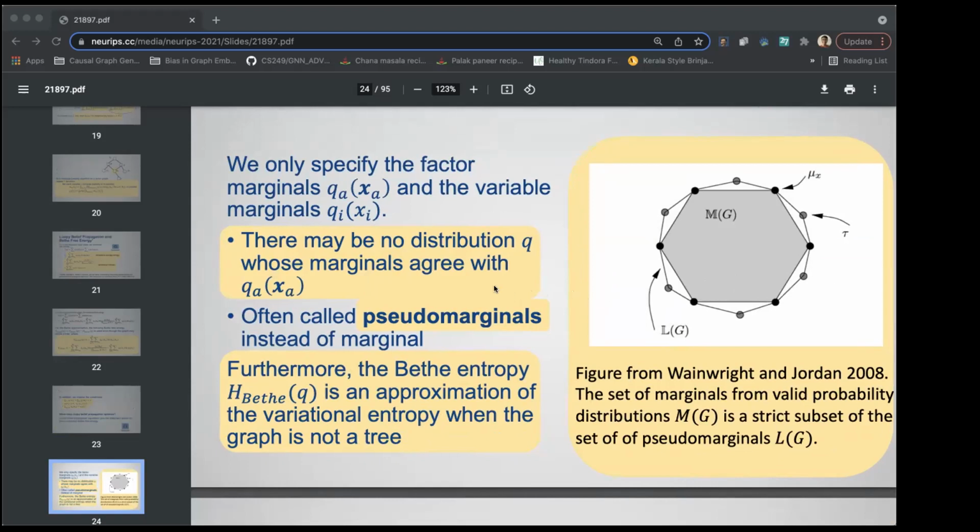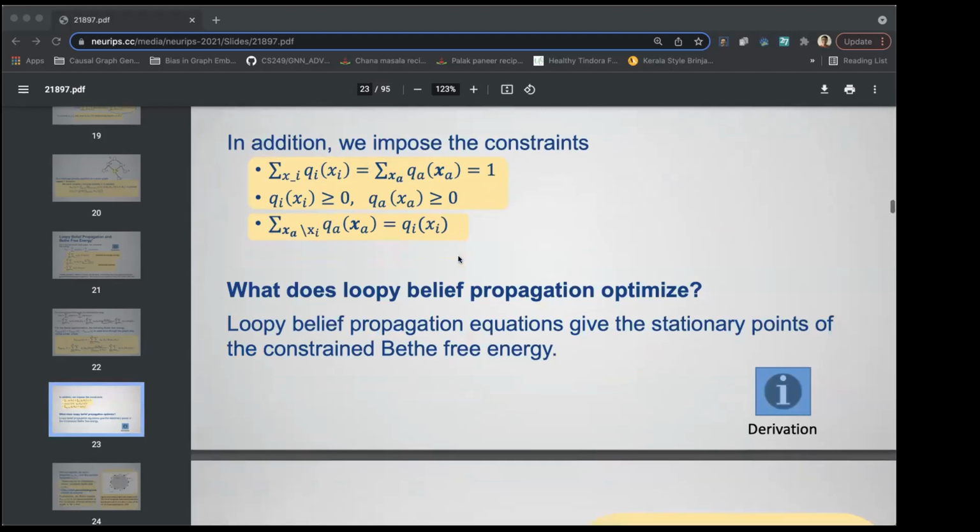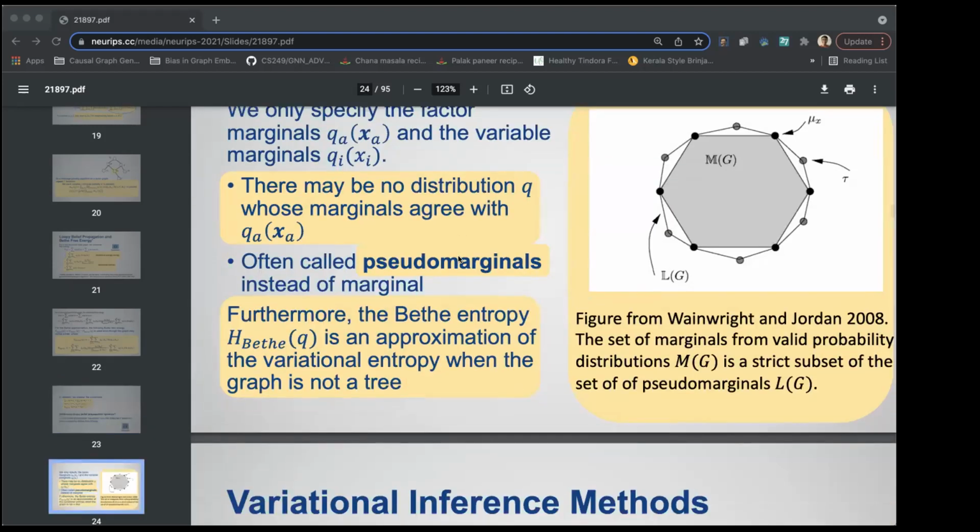So in particular, this is a way to understand cases in which a general graph may yield convergence for something like loopy belief propagation. But again, there's no guarantee that there exists some distribution Q whose marginals are going to agree with this. So we may be able to ensure the first two constraints, but we might not be able to ensure the third constraint, in which case we call these pseudo marginals instead of actual marginals.